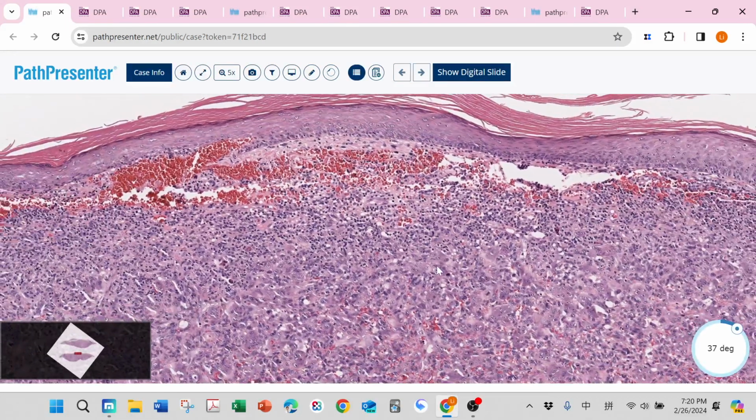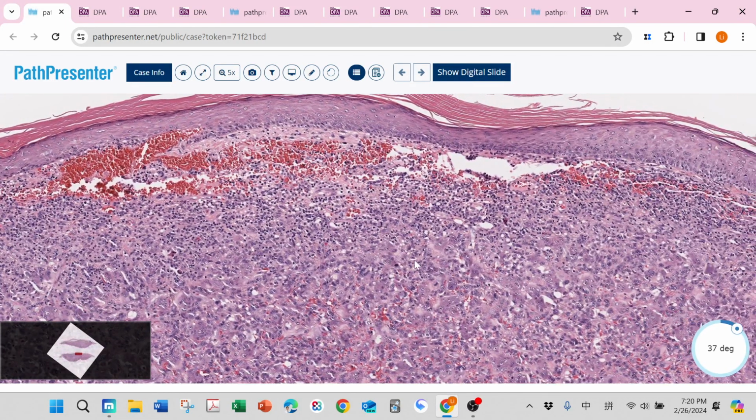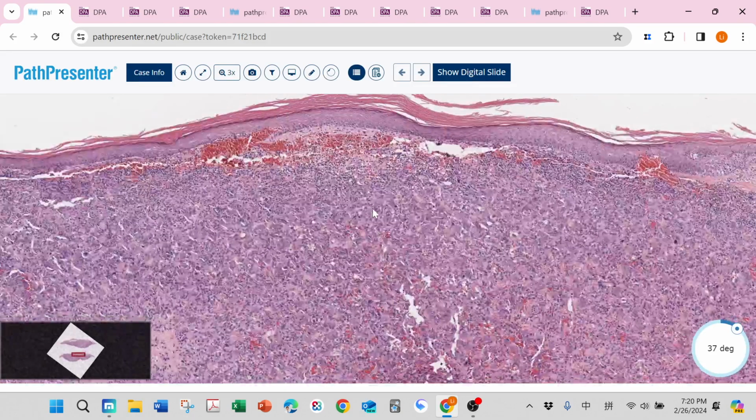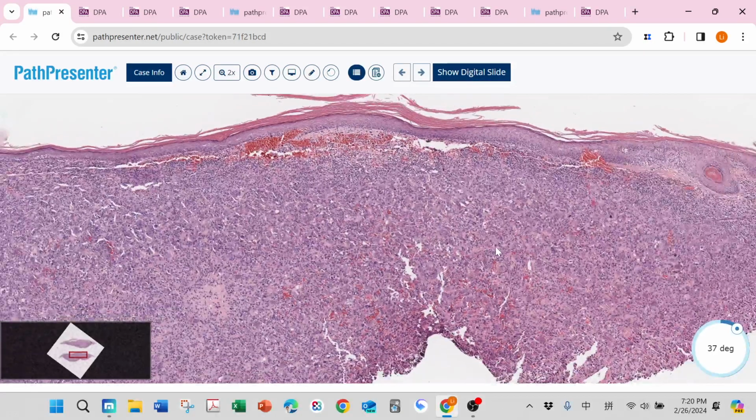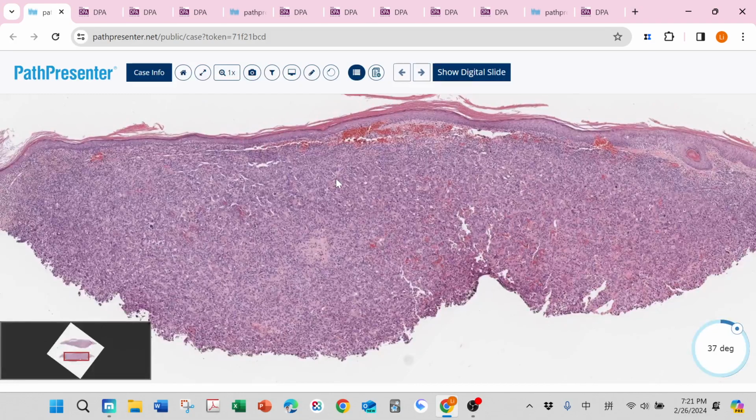So when this high-grade tumor is just localized in the superficial dermis area, not going into the deep dermis or even subcutis, the diagnosis is AFX. If this same lesion goes down deep, that is pleomorphic dermal sarcoma.